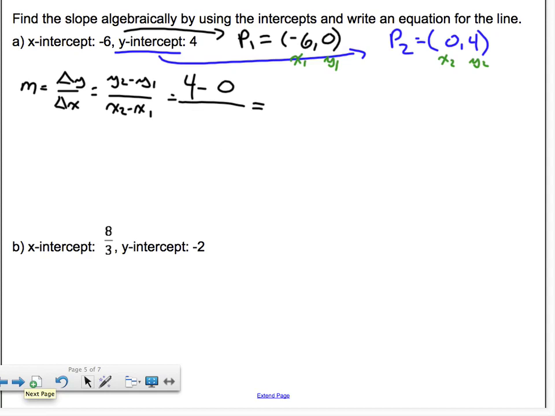So x2 is 0 minus a -6. See, I think this is the catch, because one of them is flipped. So we have to make sure we have y2, which is 4, minus y1, but on the denominator we have x2, which is 0, minus a -6. And here we get 4 over 6, which is just 2/3.